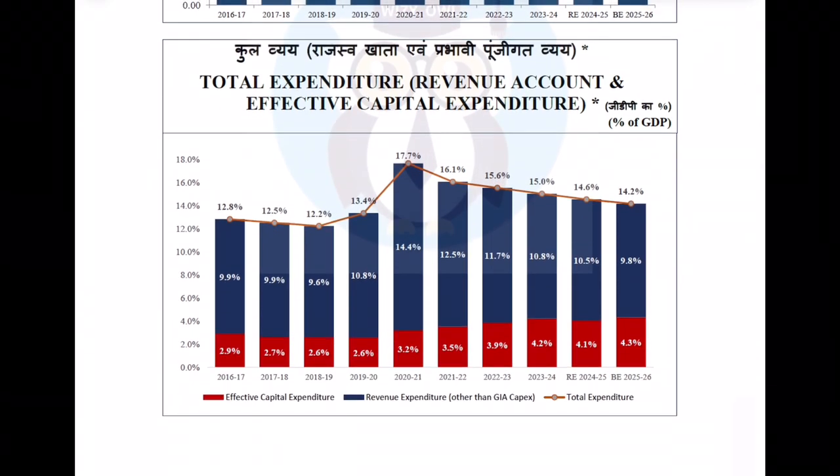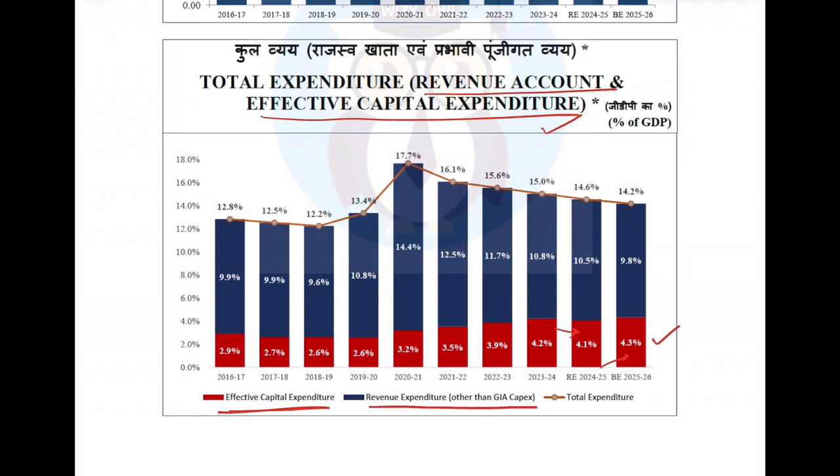Now, total expenditure, revenue account, and effective capital expenditure. You can see that effective capital expenditure is increasing. There was a decrement last year, then again it increased. Revenue expenditure has decreased.